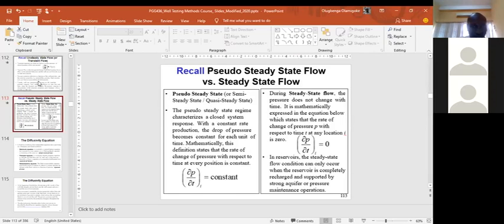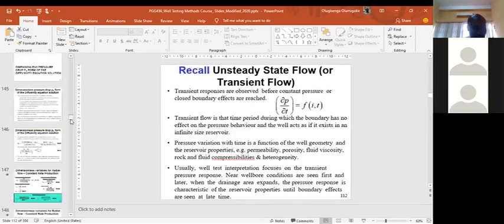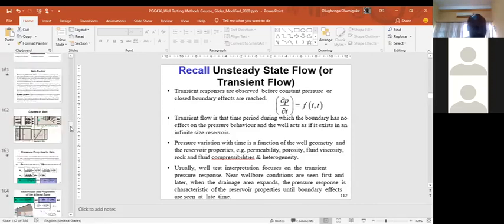Coming back here, most of our analysis in this course is in the transient flow region. Note that full radial flow is first preceded by interference or well-bore effects.